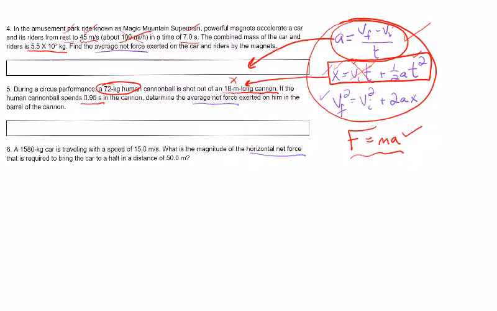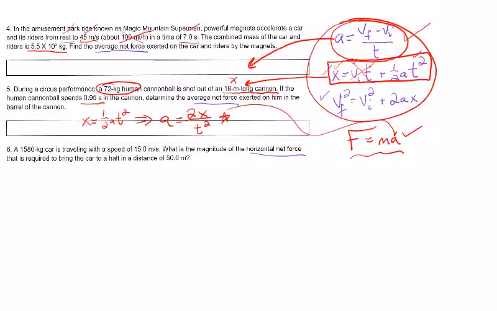So if I look at that equation, I know x equals 1/2 at squared, because we got rid of the VIT. So if you were trying to solve this for a, the acceleration, you would multiply by 2. So I'd have 2x divided by t squared. So that will allow us to find the acceleration. Then I can plug the acceleration in there. Boom, I've got force. So nice and straightforward, nothing too complicated.